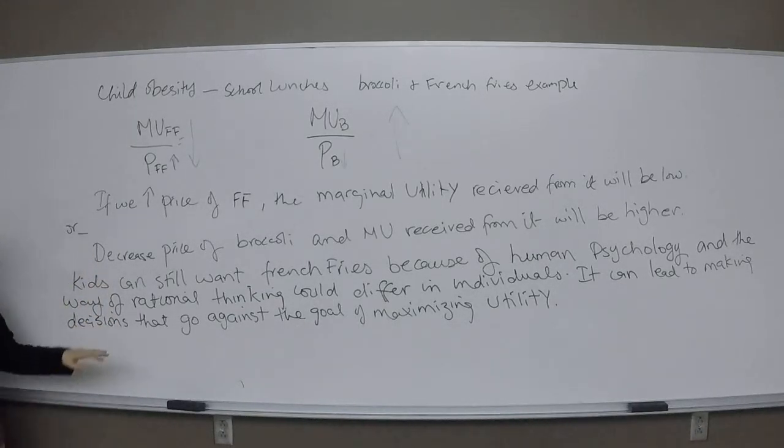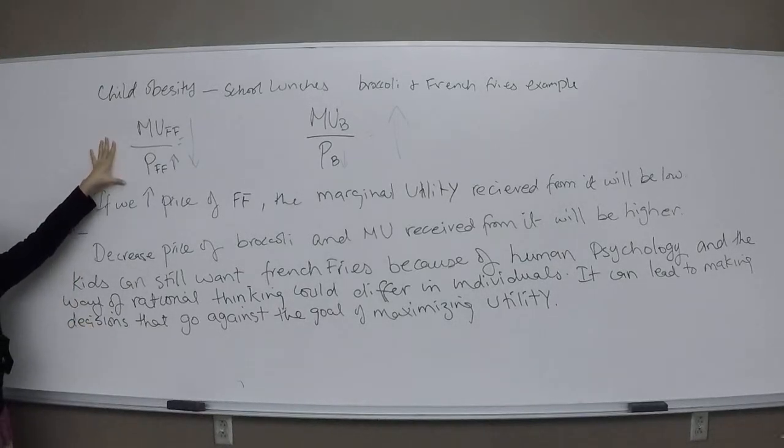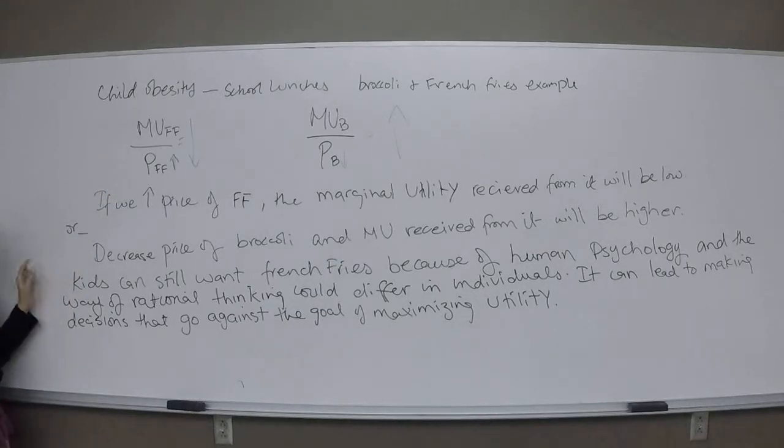Okay. So this is just to say that sometimes this is not true. Human psychology and behavior can sometimes come in the way of rational thinking, and you can make decisions that differ with maximizing your utility, and that's fine. That's why we're humans.